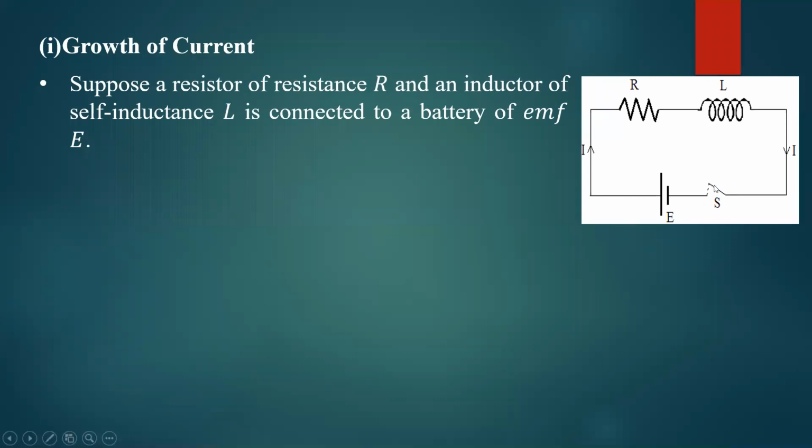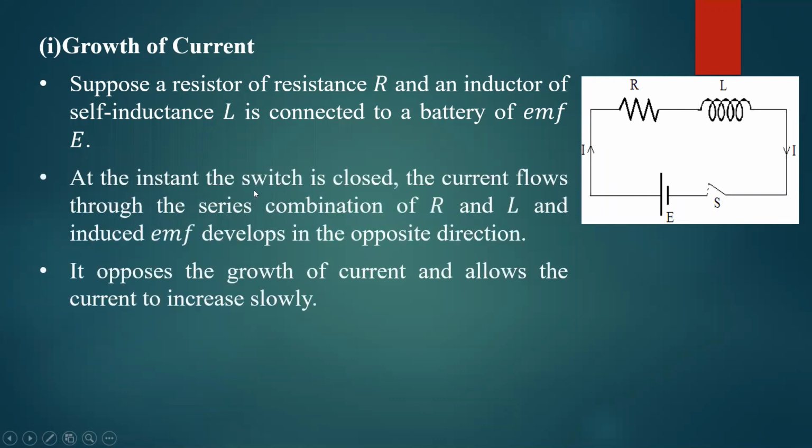This can be used to switch on and switch off the circuit. Initially, there is no current before switching on. Before closing the switch, there is no current, and the current is going to increase slowly. At the instant the switch is closed, the current starts to flow through the series combination of R and L, and induced EMF develops in the opposite direction.